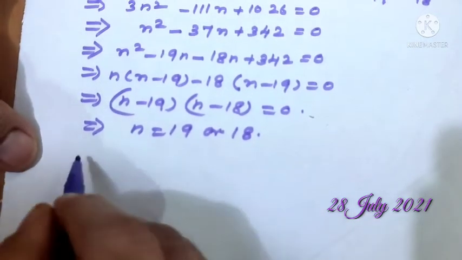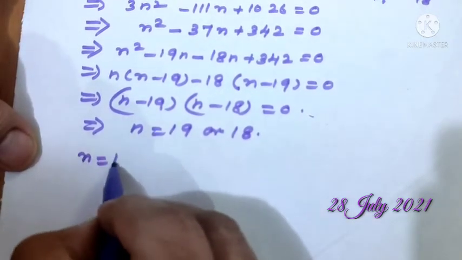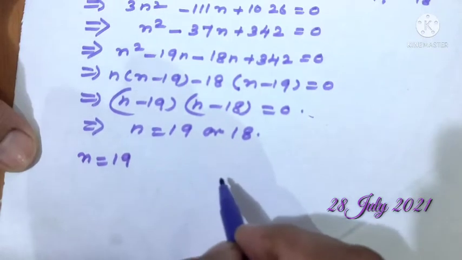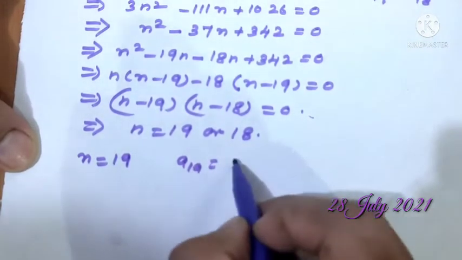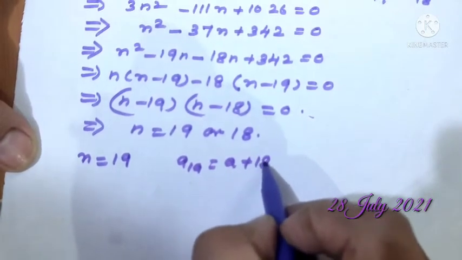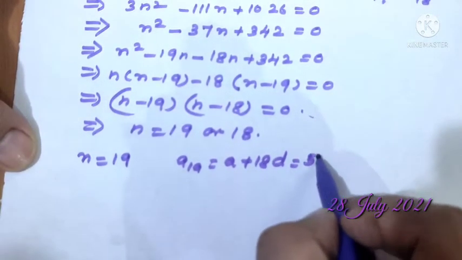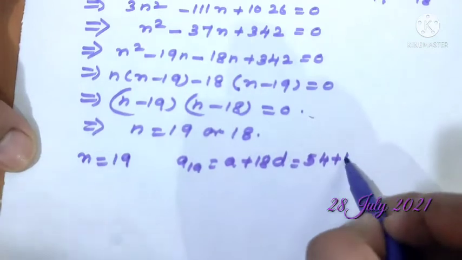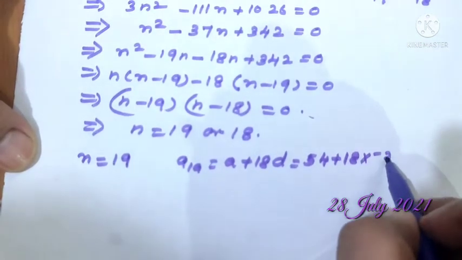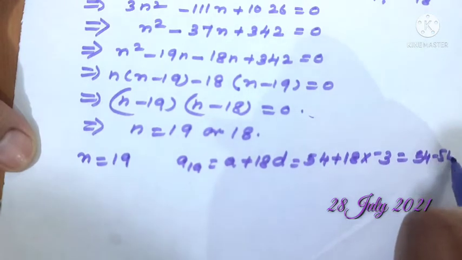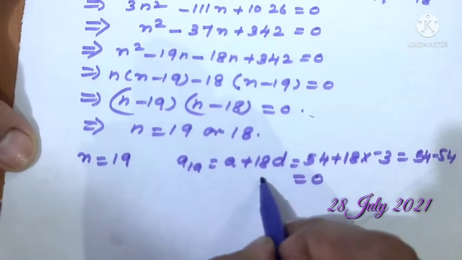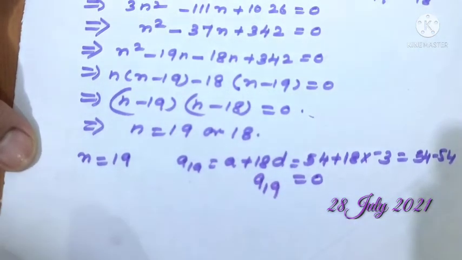If n equal to 19, then what is the 19th term? A19 equal to a plus 18d, that is 54 plus 18 into minus 3. So 54 minus 54 equal to 0. So A19 equal to 0.